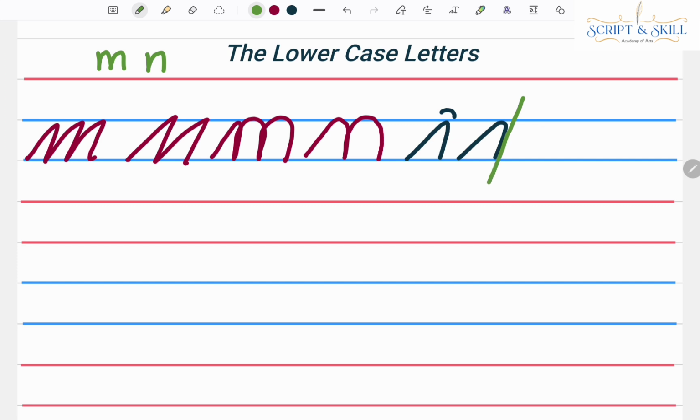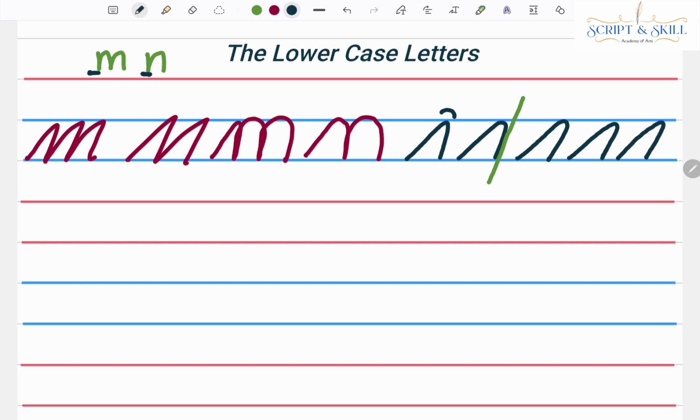It must slant a little bit. So keep practicing this first. This is going to be the base, the initial part of N and M. So take your time, pause the video for a few seconds, and you can practice this initial stroke.